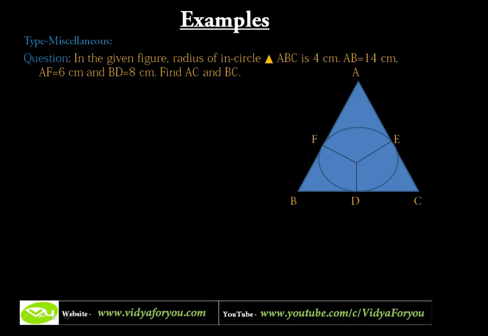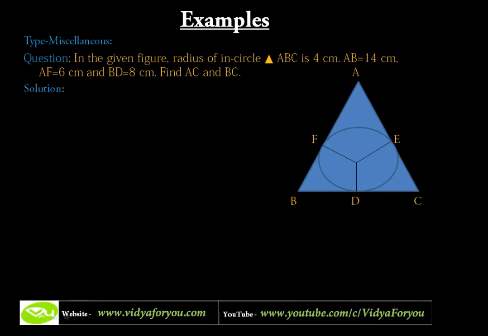This is a very important question, and it's a bit different in itself, so I'll just try to explain it. The question is asking, in the given figure, the radius of the incircle of triangle ABC is 4 centimeters. So they have given this radius as 4 centimeter.